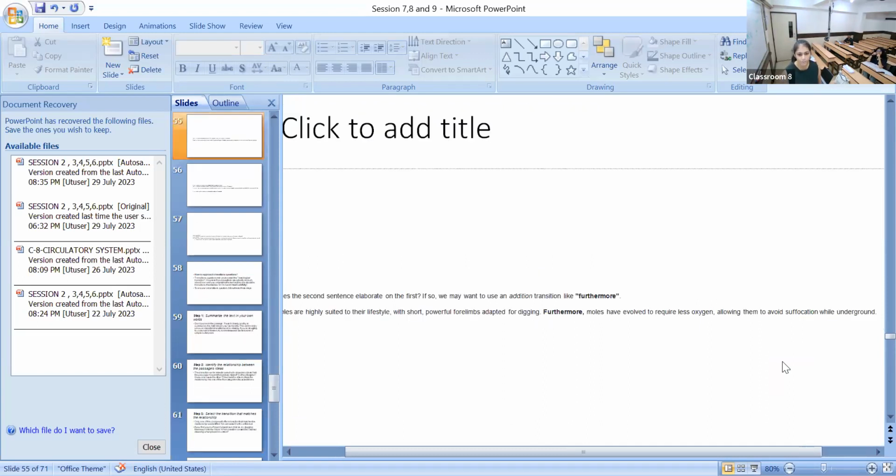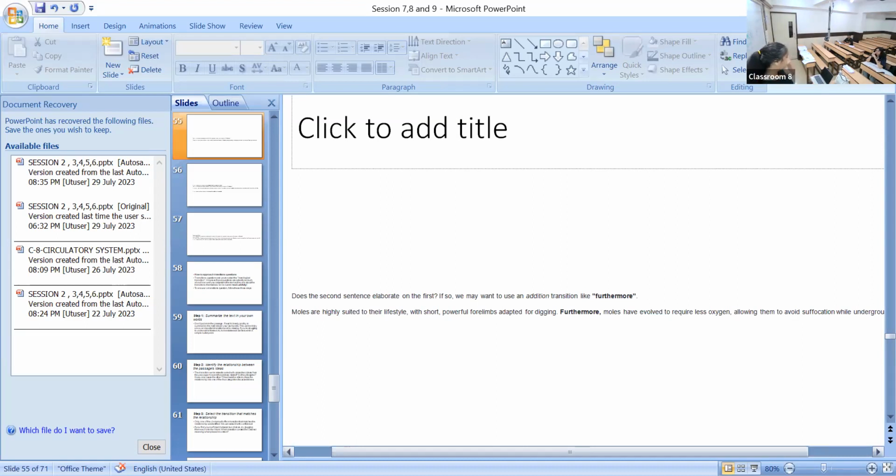Okay. If you find that the second sentence is elaborating on the first sentence, then you use an addition transition, which is known as furthermore. You know this, but sometimes you forget it.